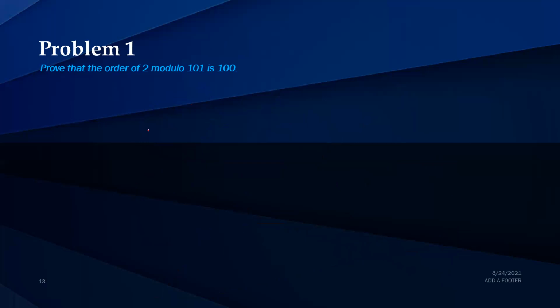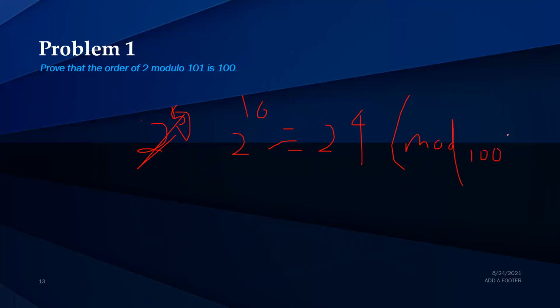So now let's do that. Let's take 2 raised to 10, which is 1024, congruent to 24 mod 100. Now let's square it: 576, so it is 76.